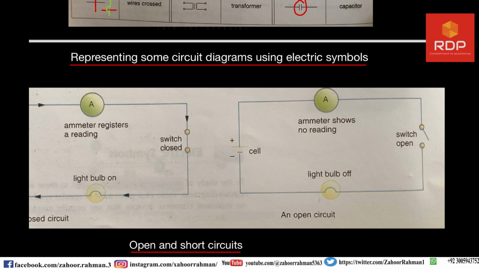Now you learned that there is an ammeter. So these symbols are showing you the ammeters, and they are registering the reading of current. They are showing you the measurement. Now as I told you, there are two types of switches, one is closed and one is open. When the switch is open, it means that no current is passing through that circuit and the devices are disconnected.